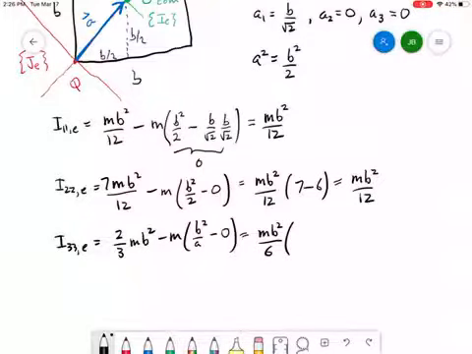So 2/3 becomes a 4/6 minus, this should be a 2. So 1/2 becomes 3/6, so 3. And so this is mb squared over 6.